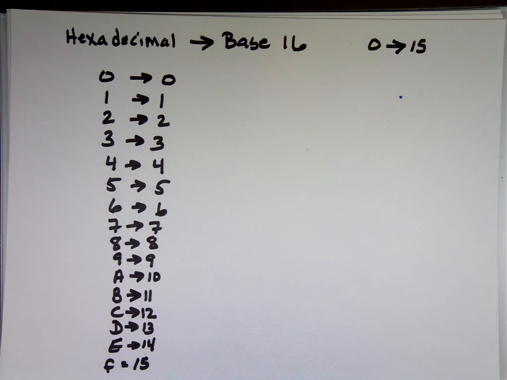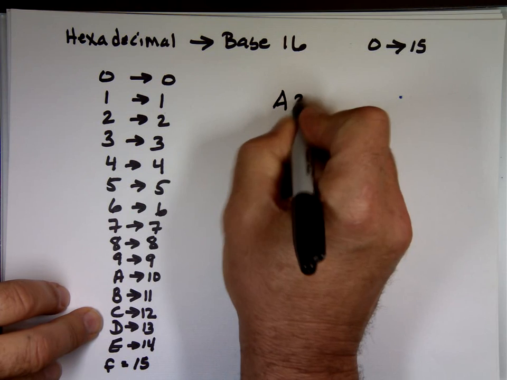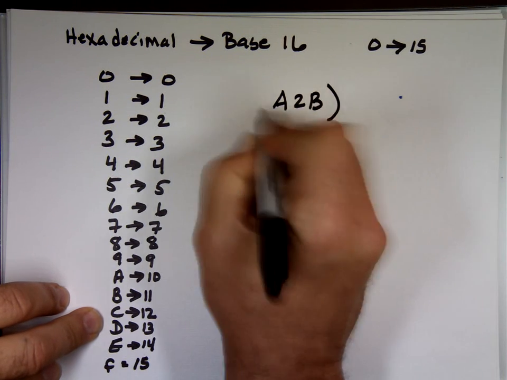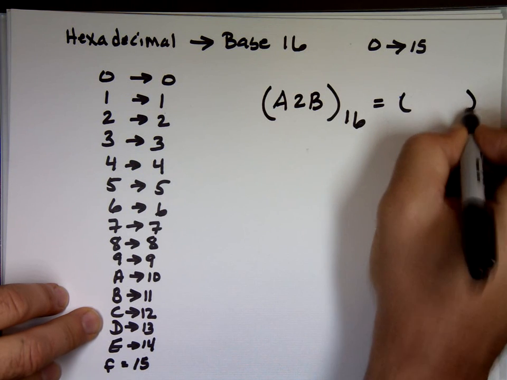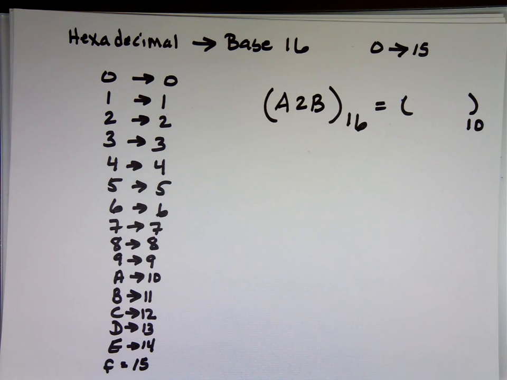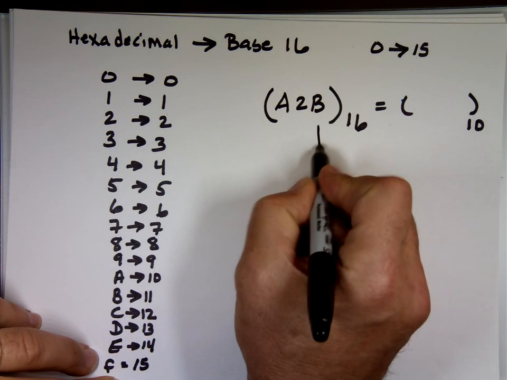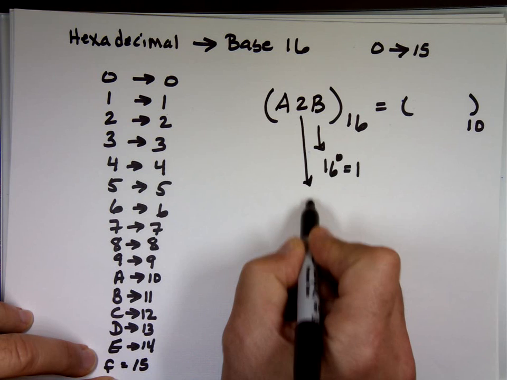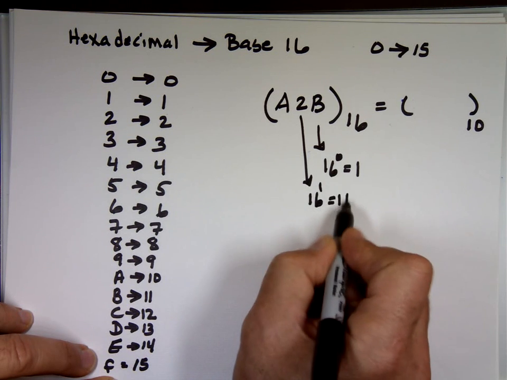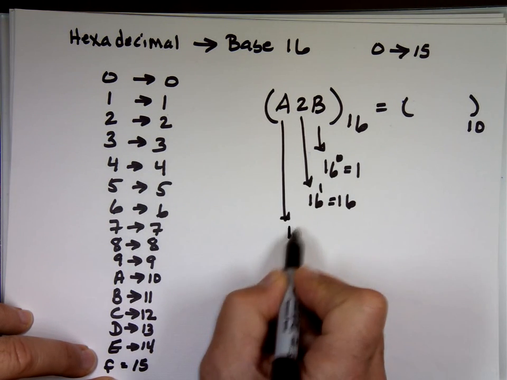So now when you write a number, you go A2B, base 16, and I want to know that as base 10. What is that number? Again, the weight of this digit, that's 16 to the 0, which is 1. 16 to the 1, 16. 16 squared, which is what, 256?